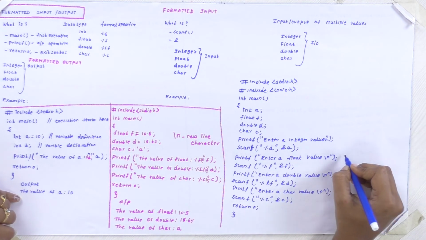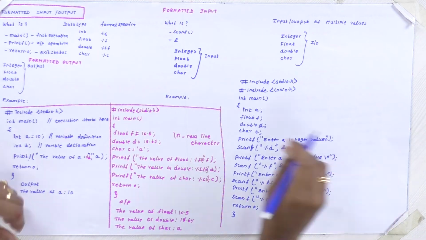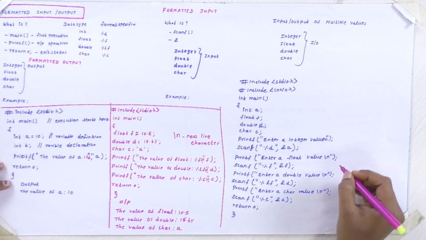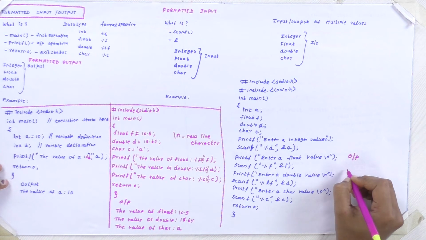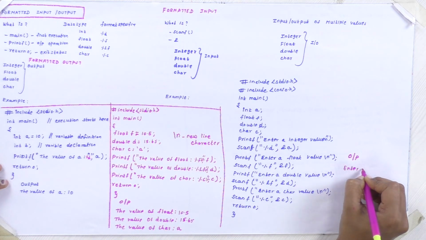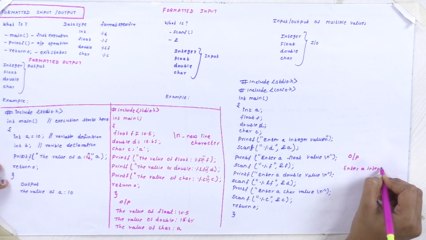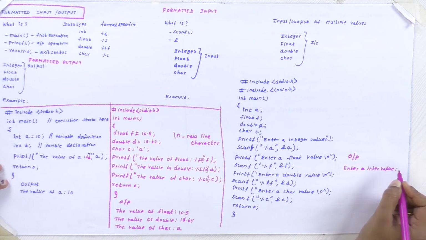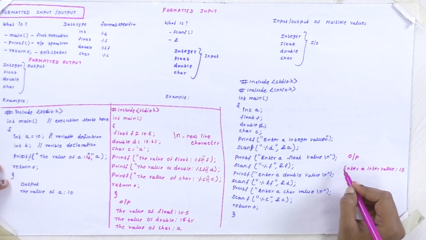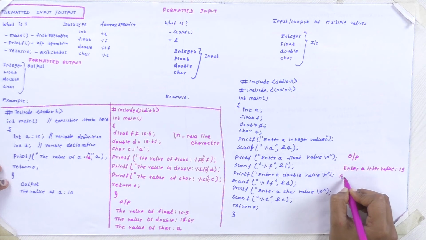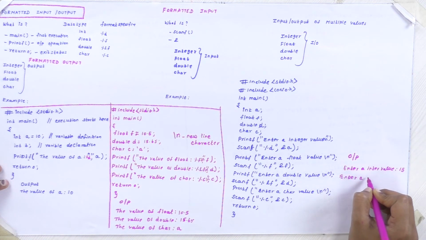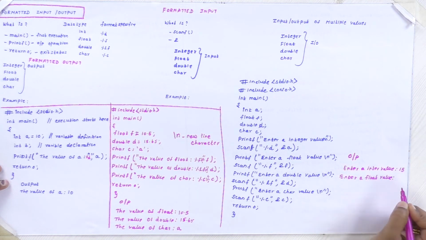So the output will be: enter an integer value. It will ask for the integer value. The user can type any value; I am giving 15. Next it asks for a float value; I am giving 10.5.